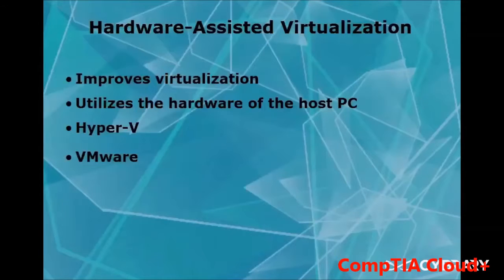And with hardware-assisted virtualization, it gives the user a better use of their time. They're able to see their CPU usage, or how many cores they're using, or how much memory they're utilizing. This way they can manage their resources better.